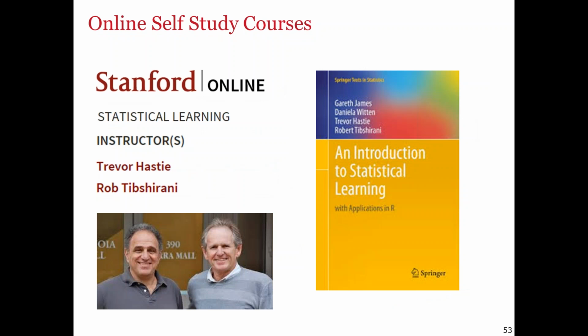Another really good online course, again through Stanford Online, not through Coursera, is called Statistical Learning, by two more gurus of machine learning, Trevor Hastie and Rob Tibshirani, here's Trevor and Rob, who are authors of many books and many innovators in machine learning.